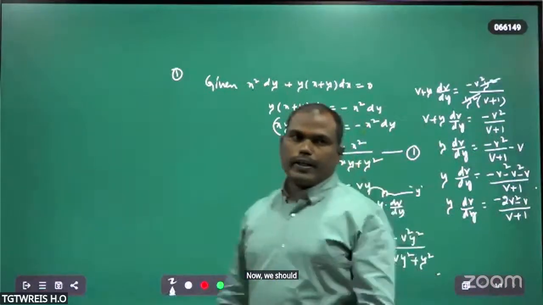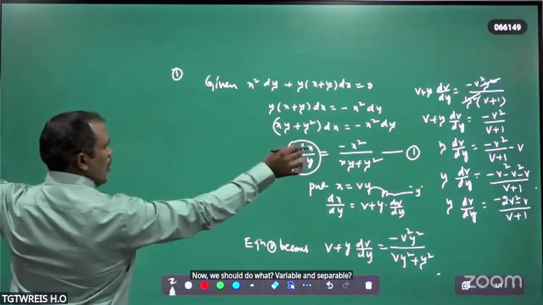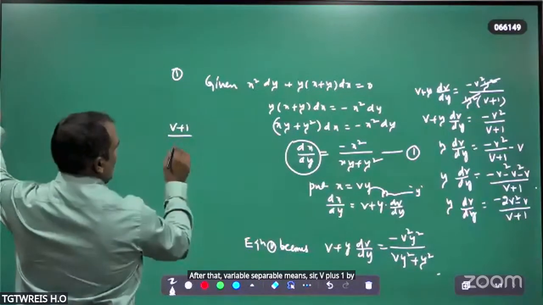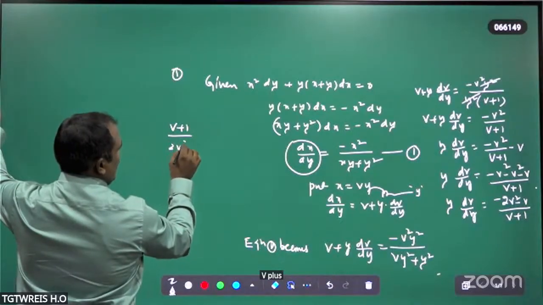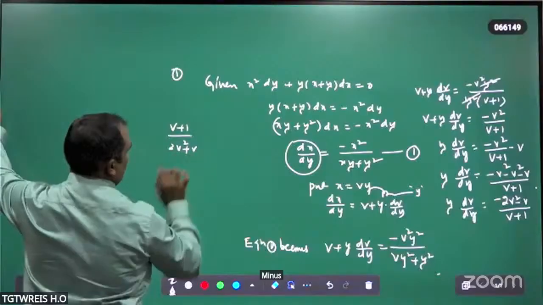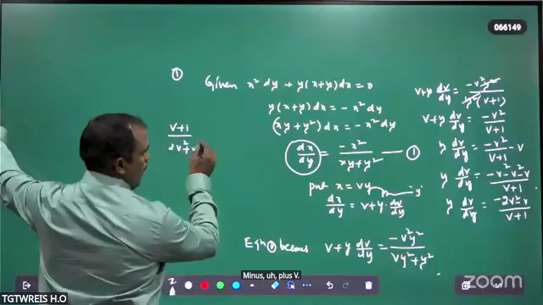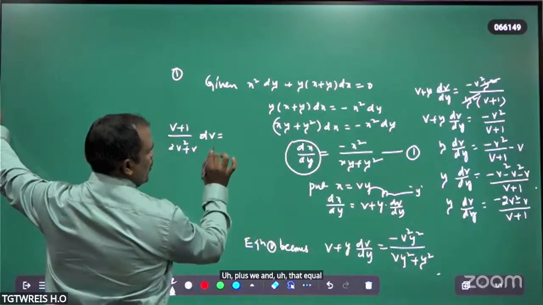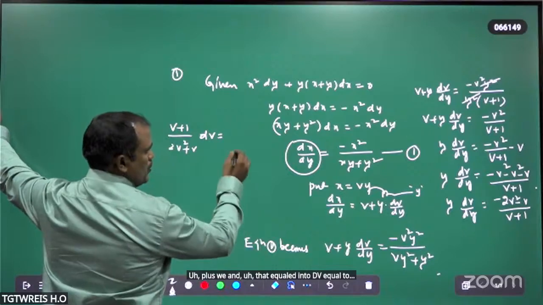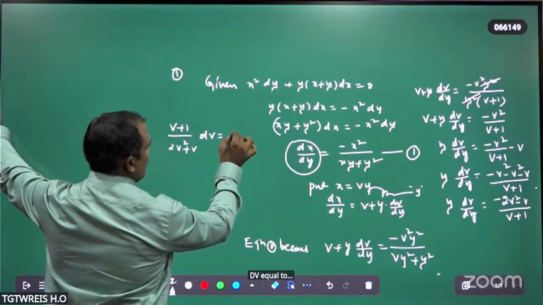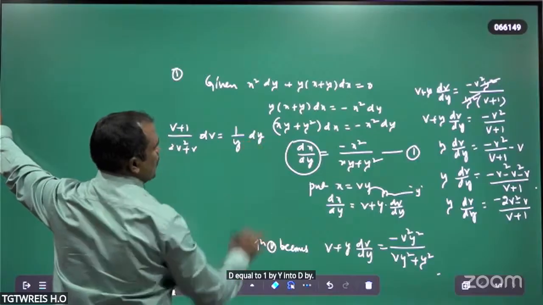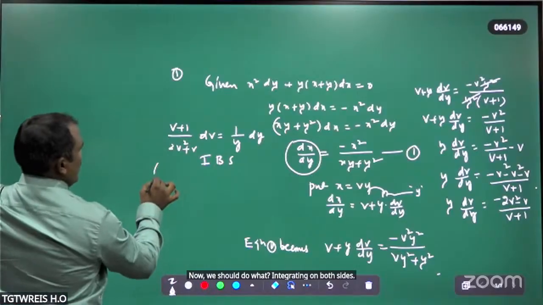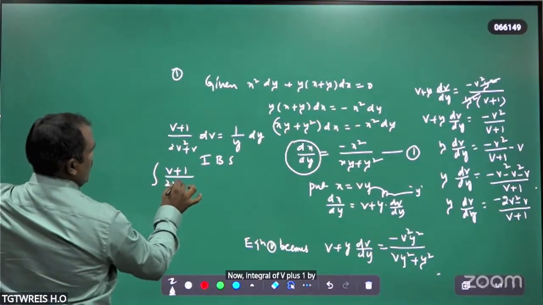Now we should do variable separable: v plus 1 by 2v square plus v into dv equals 1 by y into dy. Now we should integrate on both sides. Now the integral of v plus 1 by 2v square plus v.